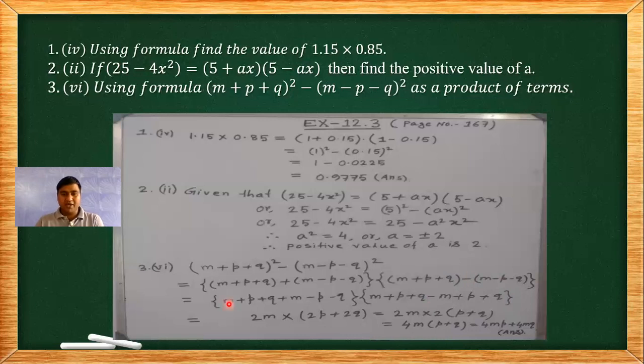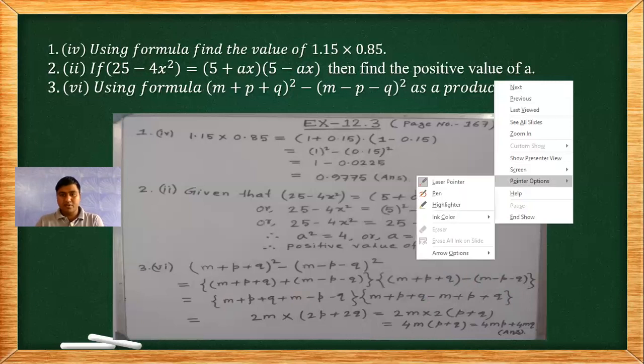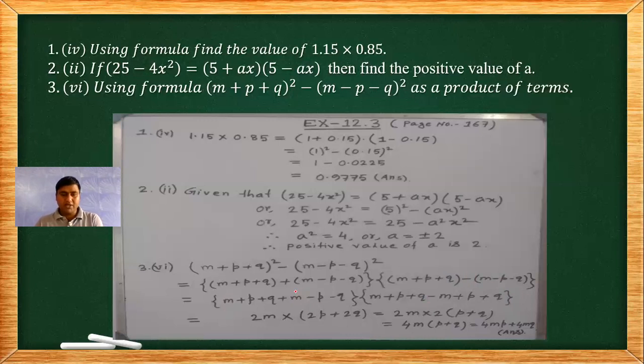In the first bracket, plus p and minus p cancel, and plus q and minus q cancel. So m plus m is 2m, and in the second bracket, plus m and minus m cancel. So p plus p is 2p and q plus q is 2q.